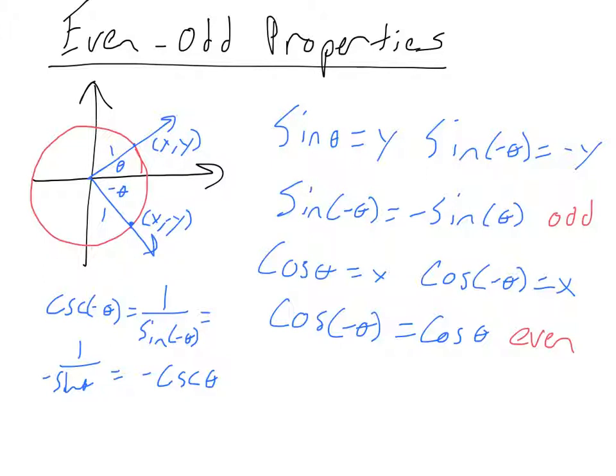So cosecant theta is odd because it's based on an odd function, sine. The same thing's going to be true for secant, and I could do this proof, but I don't have room, so I'm just going to say it. Secant negative theta, if we did the same type of proof, would be equal to secant theta because it's based on cosine, which is even. So secant is even. So far, sine is odd, cosine is even, secant is even, and cosecant is odd.